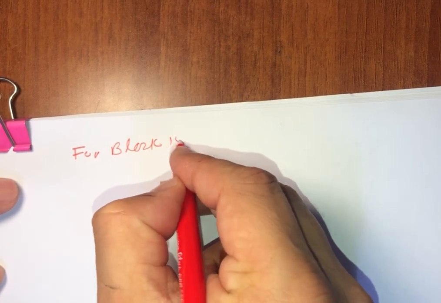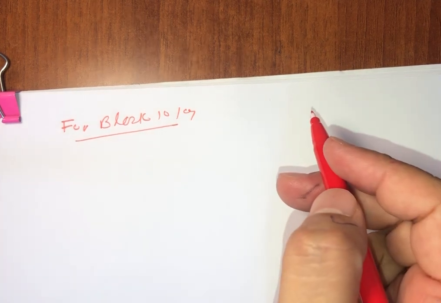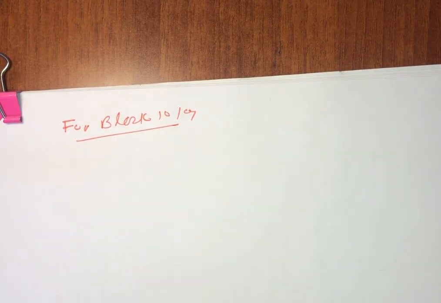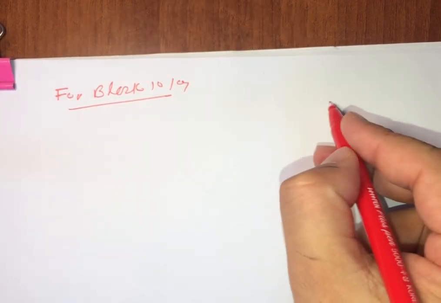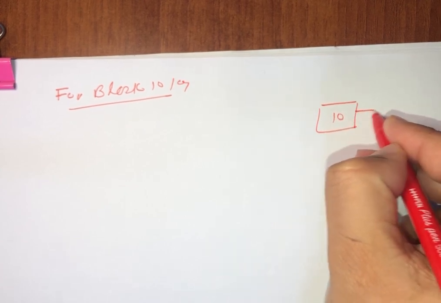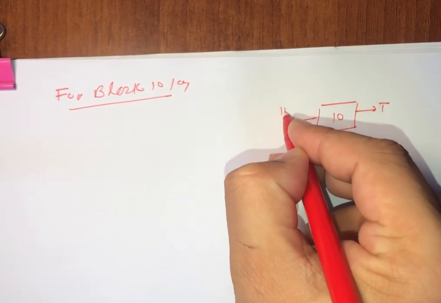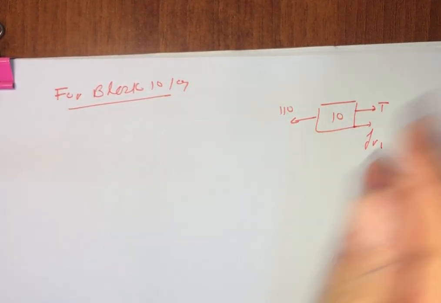Okay, so for the block of 10 kg, we find out the FR2, we are going to find out, and then we are going to solve it. So this is our block of 10 kg, tension T, and we have a force of 110, and let us suppose this is FR1.